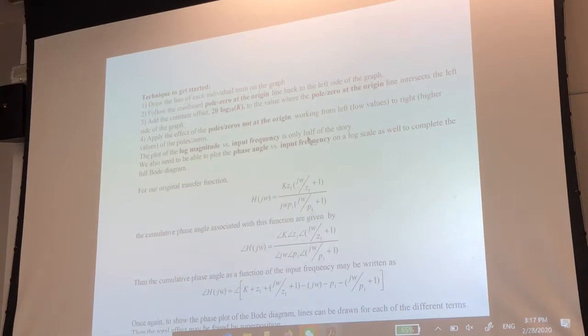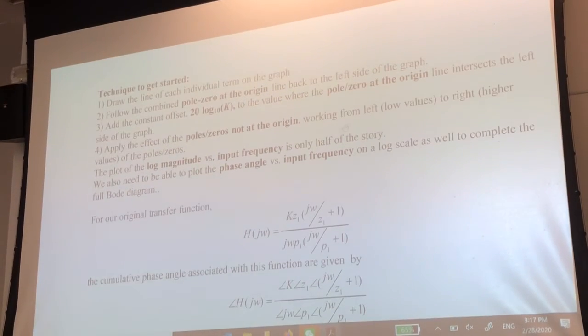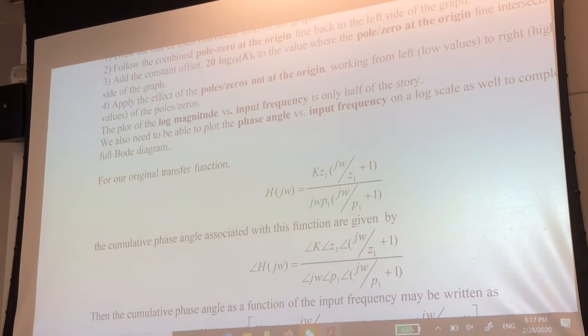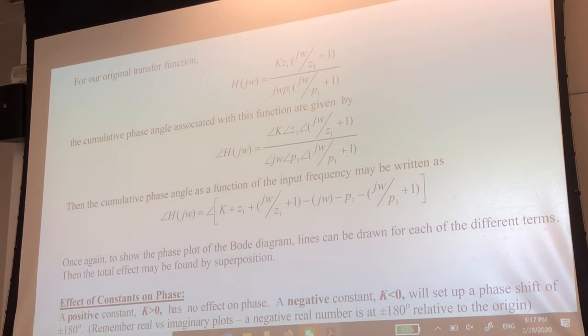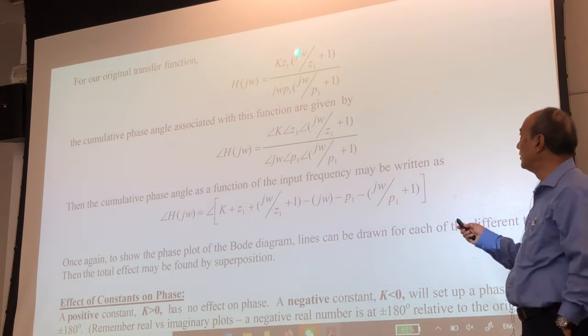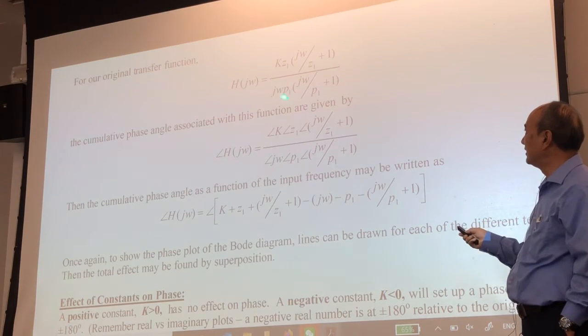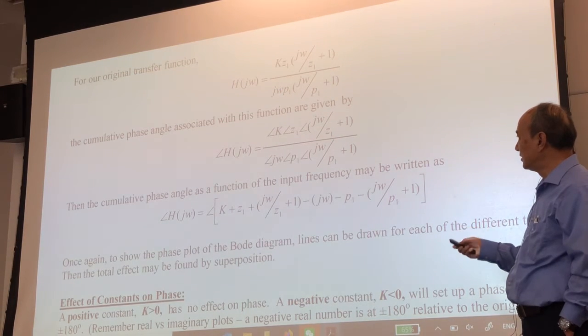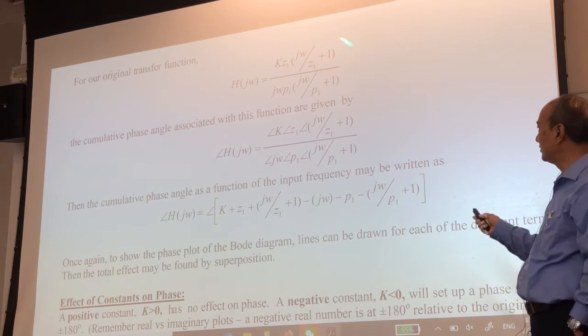So again, let's start by using the same function. We have a zero, a pole, and a pole at the origin. J omega is the S. So how can we draw the phase angle associated with this function?